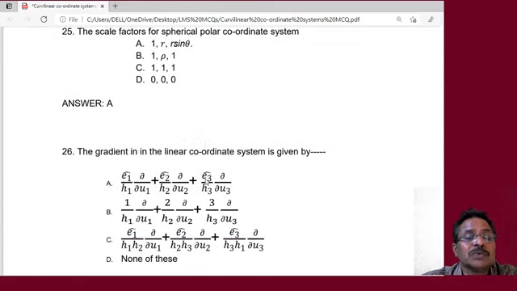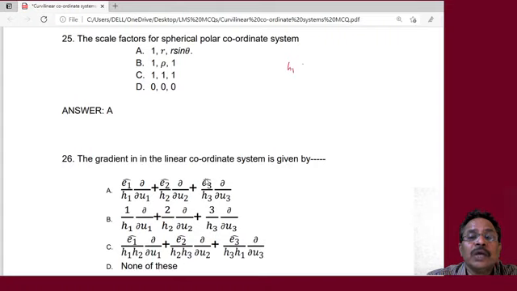Now the scale factors for the spherical polar coordinate system, as I said, are nothing but h1, h2 and h3. These are obtained by taking r, theta, phi as u1, u2 and u3. Using that, gij is equal to del r bar upon del u1 dot del r bar upon del u2.